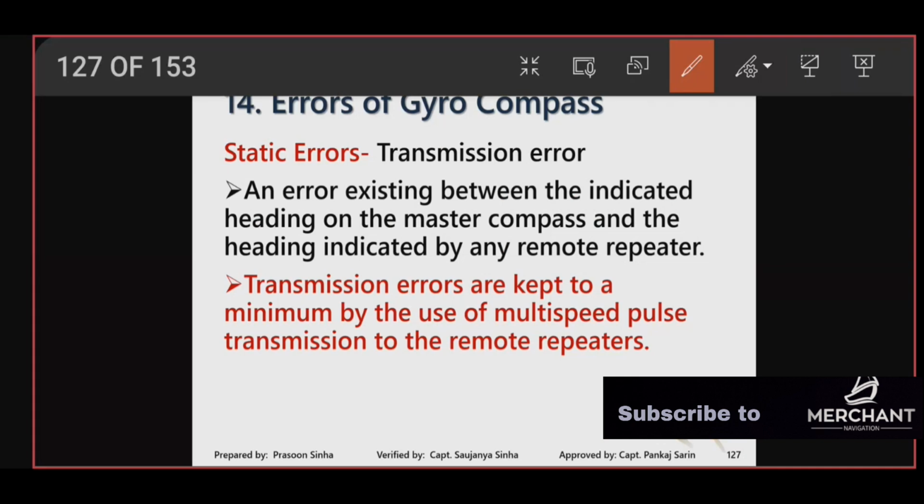What is that electronic solution? Something called multi-pulse transmission. More number of pulses transmitted at a faster rate so that the repeater is able to follow it more effectively.